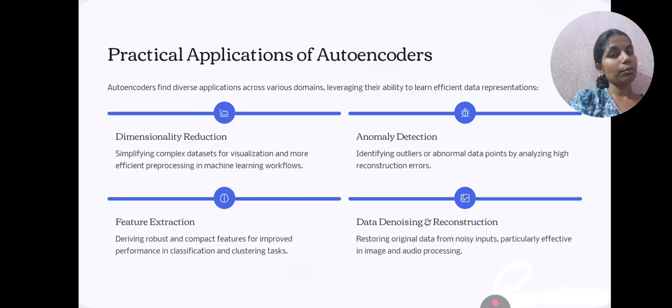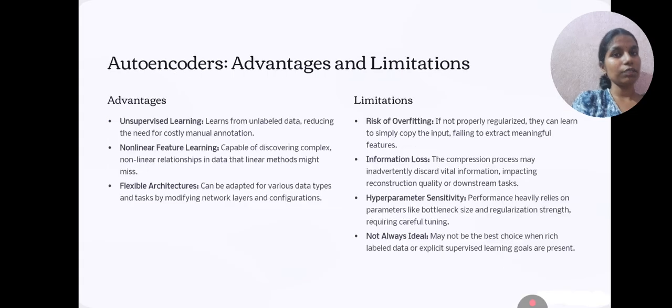Second is anomaly detection, identifying outliers or abnormal data points by analyzing high reconstruction errors. Third is feature extraction, deriving robust and compact features for improved performance in classification and clustering tasks. Next is data denoising and reconstruction, restoring original data from noisy inputs, particularly effective in images.